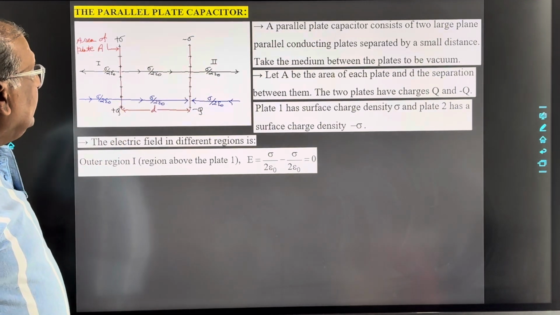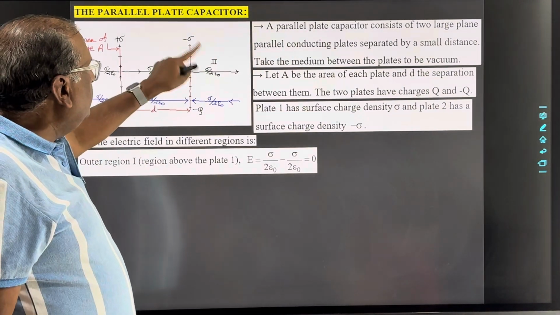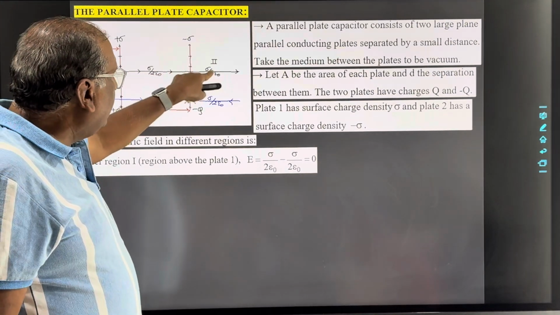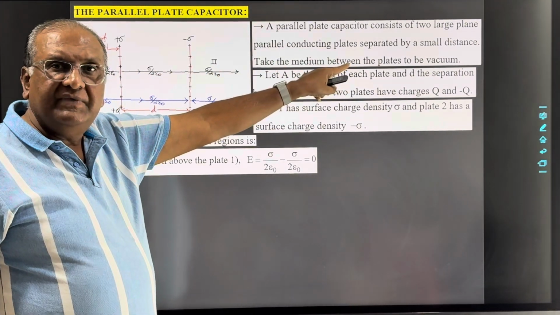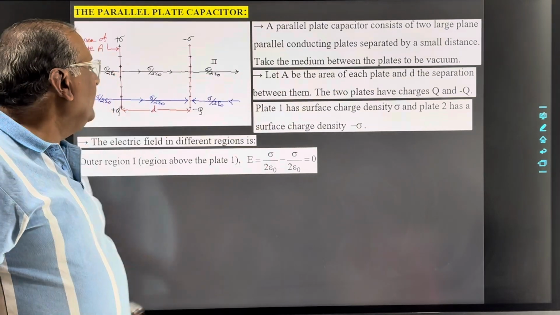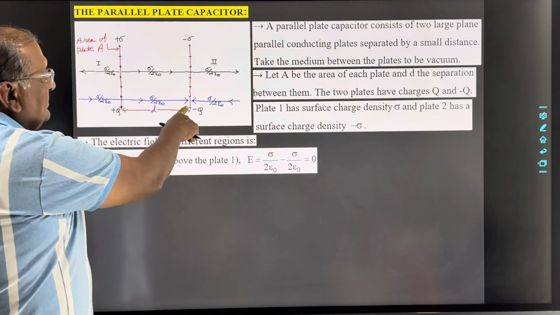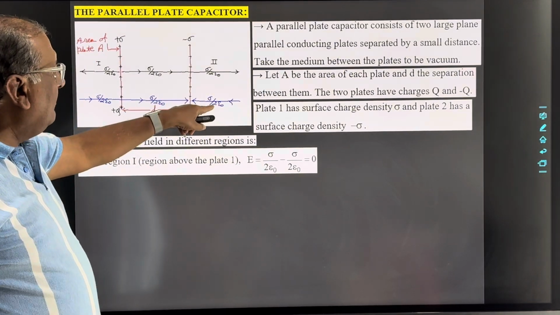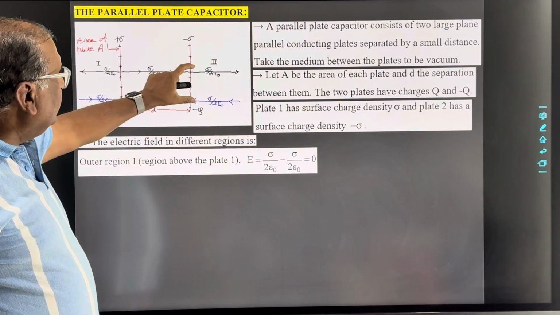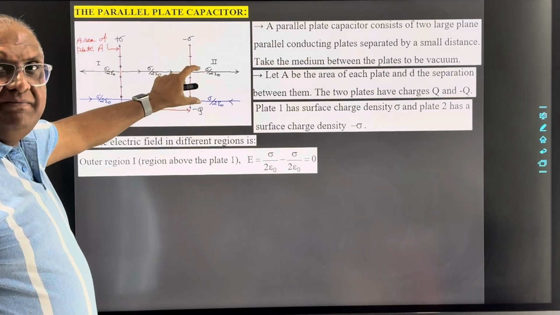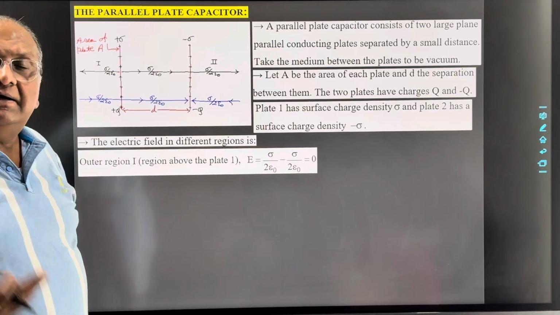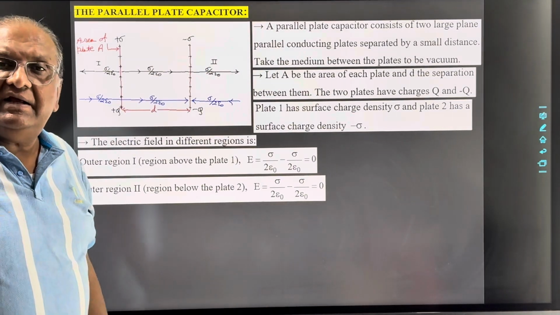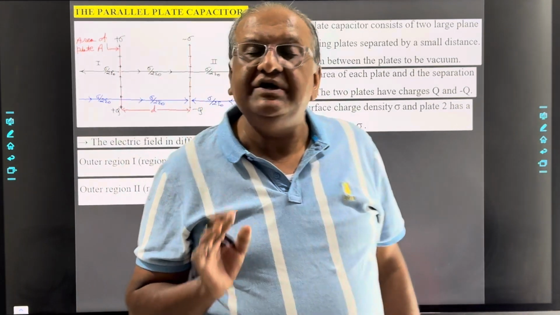Similarly on the right-hand side, the field due to the positively charged plate is sigma upon 2 epsilon 0, going to infinity, and due to the negatively charged plate, from infinity to the plate, the magnitude is again sigma upon 2 epsilon 0. Both fields are equal in magnitude but opposite in direction. So again in region number 2, the net electric field is equal to 0.